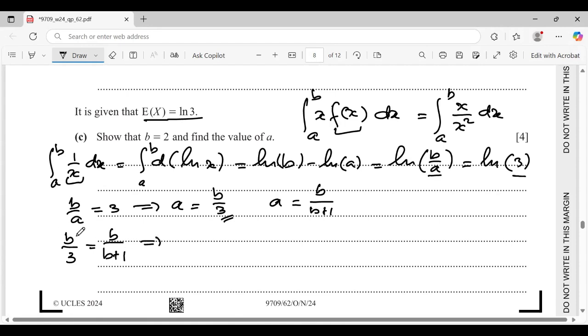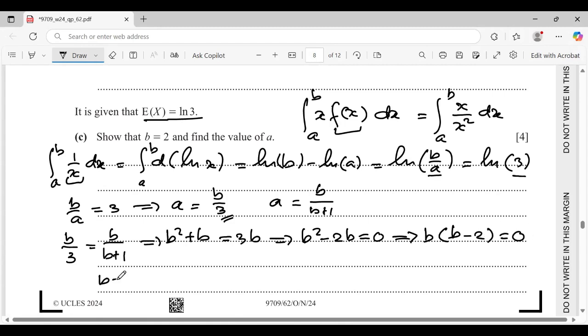If we do cross multiplication, it becomes b squared plus b equals 3b, or b squared minus 2b equals 0. So b times b minus 2 equals 0.